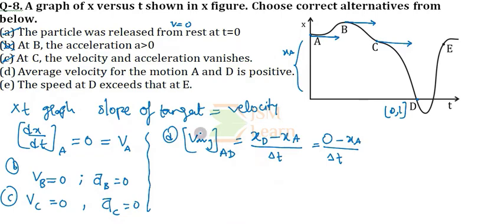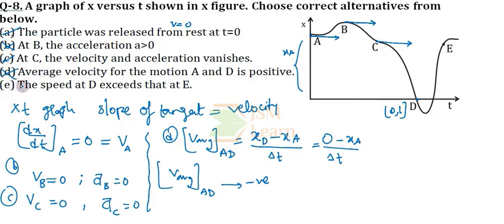So overall, the average velocity obtained between A and D is negative. So option D is wrong because option D says that the average velocity is positive, which is wrong.